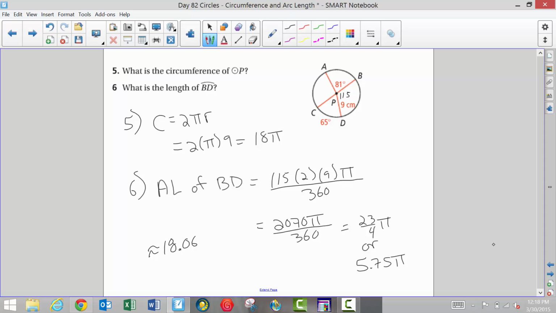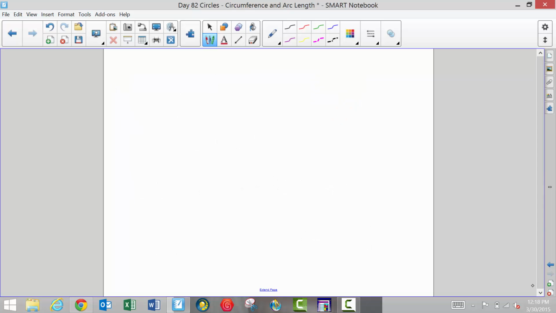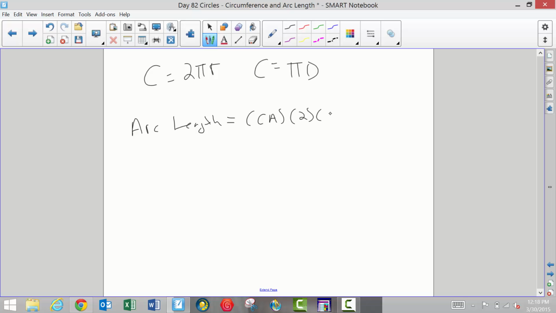Okay, so let's recap. So remember that circumference is 2 pi r, or circumference is pi d. So remember that the arc length is equal to the central angle times 2 times radius times pi over 360.